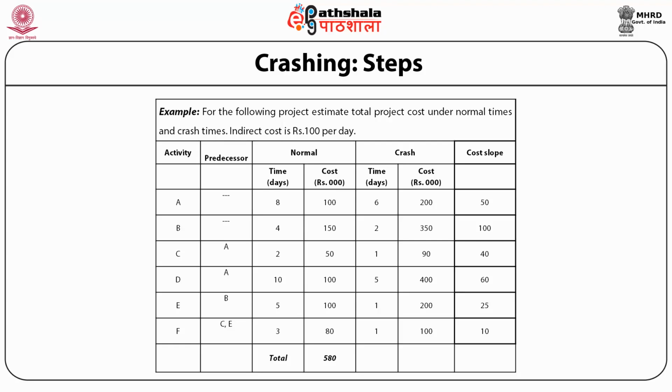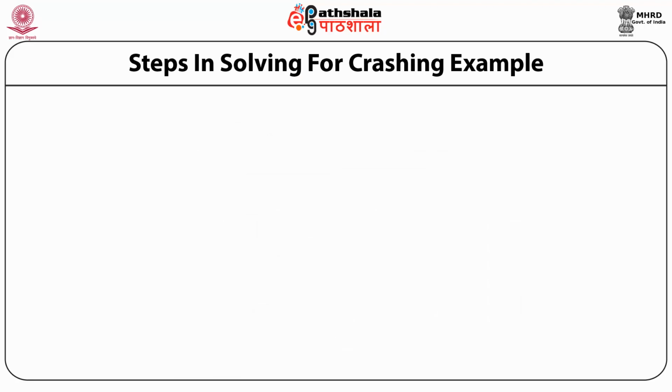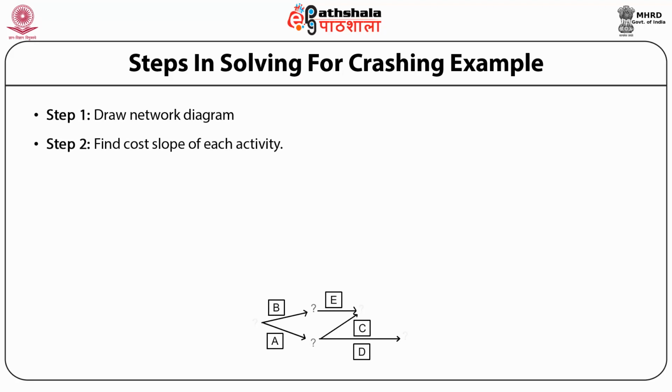Activity F, predecessor C and E, time 3 days, cost 80 and crash time 1 day, cost 100, then cost slope is 10. Steps in solving the crashing example. Step 1. Draw network diagram. Step 2. Find cost slope of each activity.